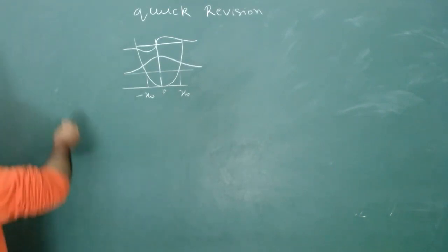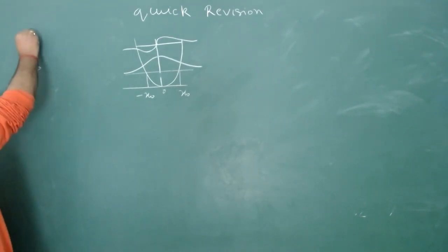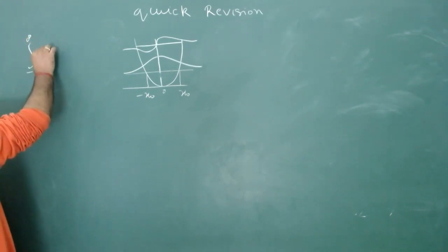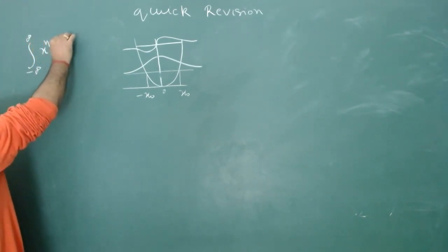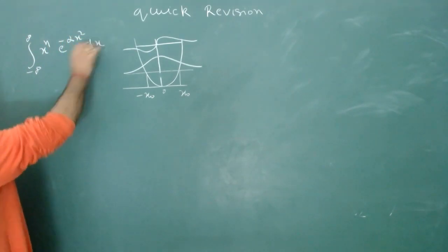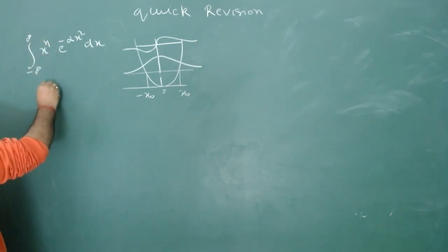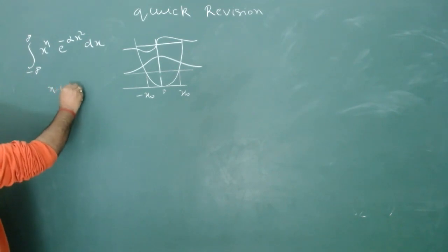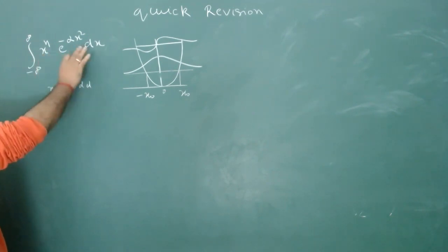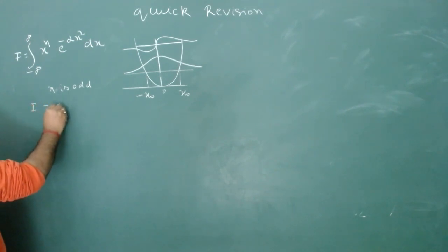So first you have to practice this particular integration, minus infinity to plus infinity x^n e^(-alpha x^2) dx. This integration is very important, and if n is odd, then obviously this integral I is equal to 0.